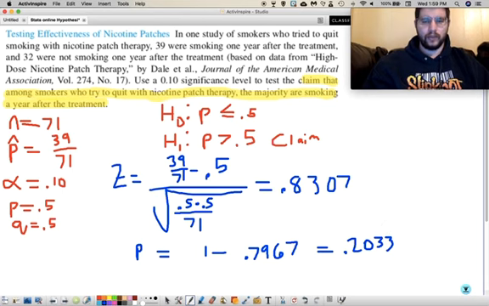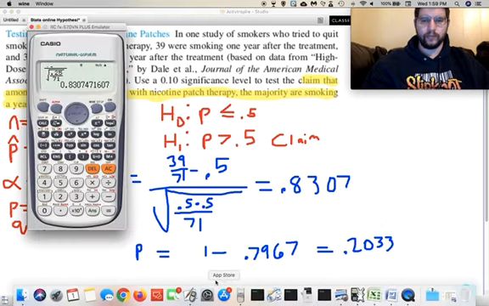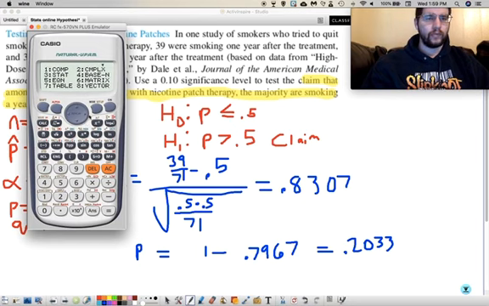If we're using the Casio, normal CDF to the right of 0.83, we get 0.2033.